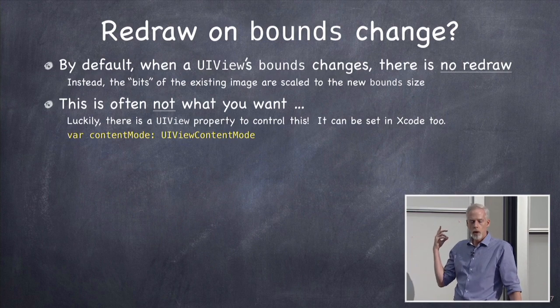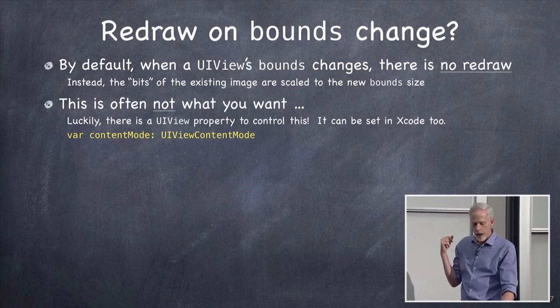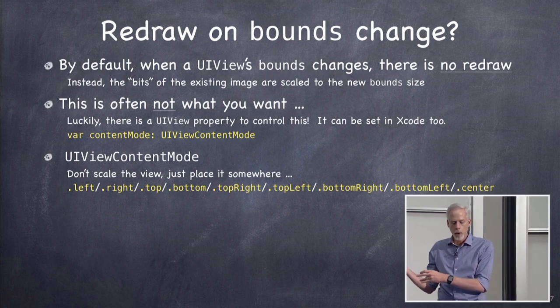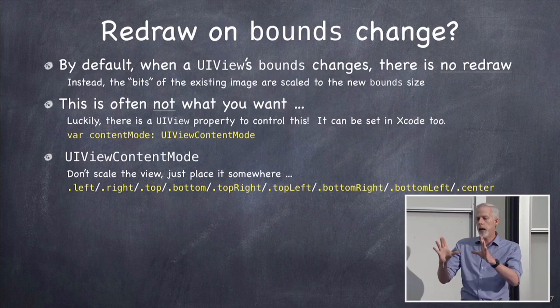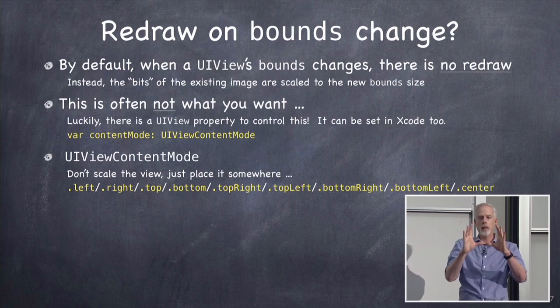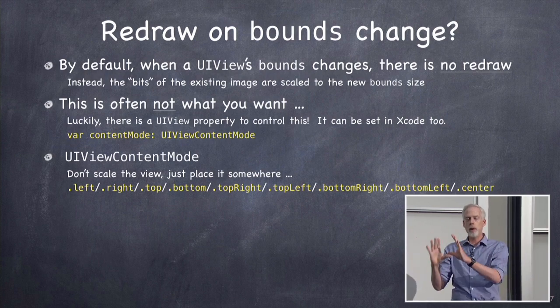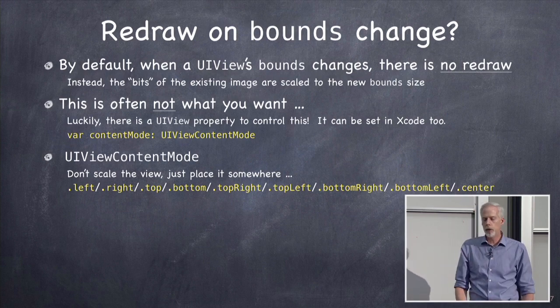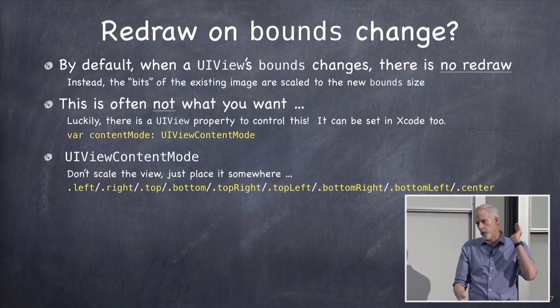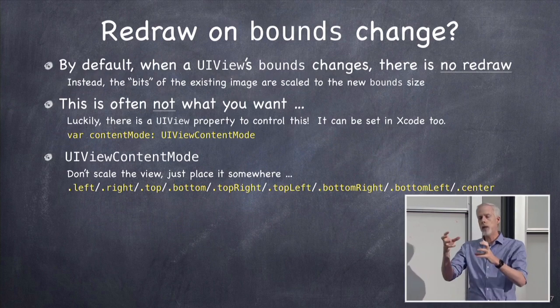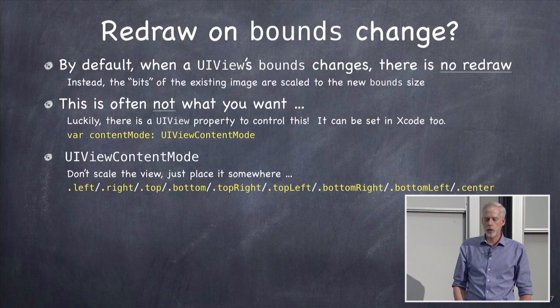It's controlled via this var in UIView called contentMode. The content mode can be things like left, right, top, bottom, top right, top left. That's basically saying, take my bits and shove them up into the left corner, one of these spots, center or right. Don't do anything with them, just move them in the new bounds. Well, that's likely to cut off what you've drawn, depending on how much the bounds have changed. Like when you rotate, the bounds change quite a bit.